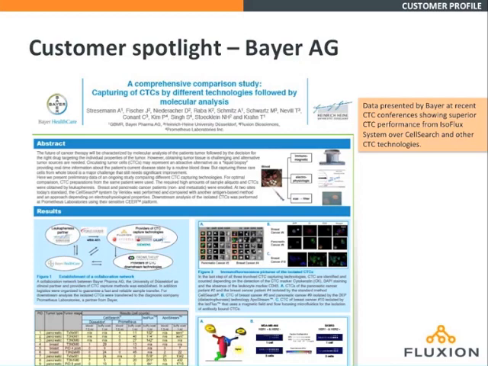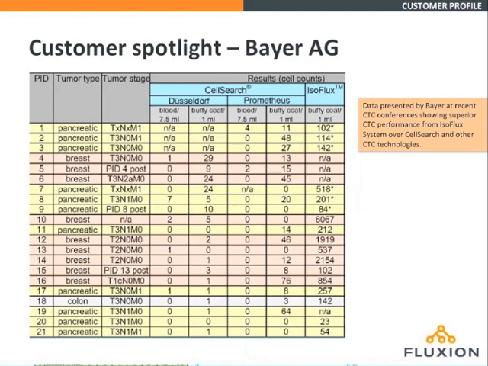So as you can see in this poster here, I think this is one of 2 posters that they've presented on this work. They looked at a number of different technologies and a number of different approaches and tried to optimize the sample and the recovery from their patients.